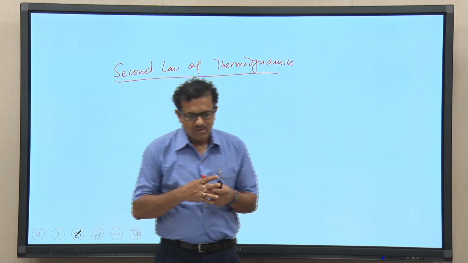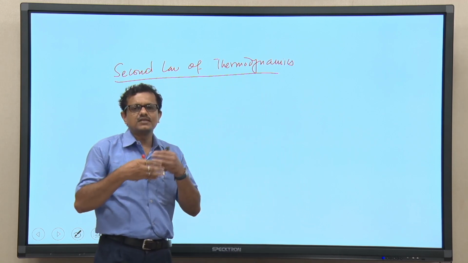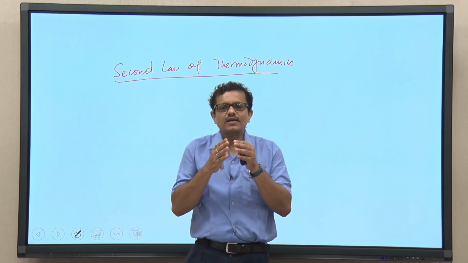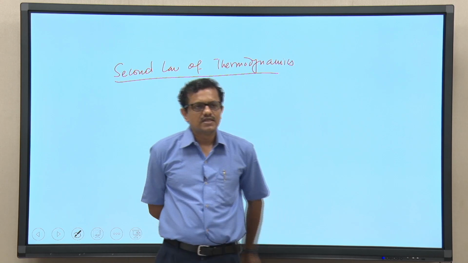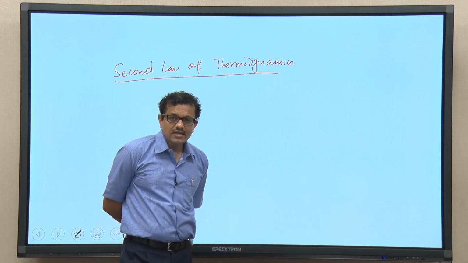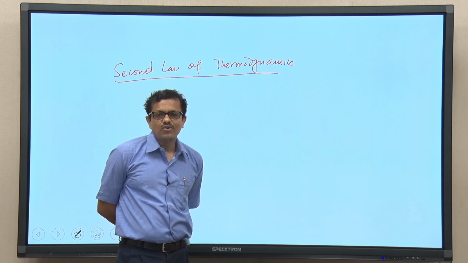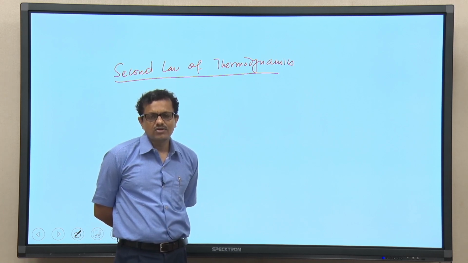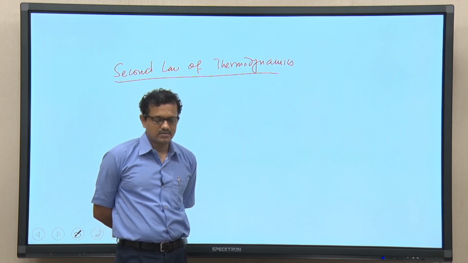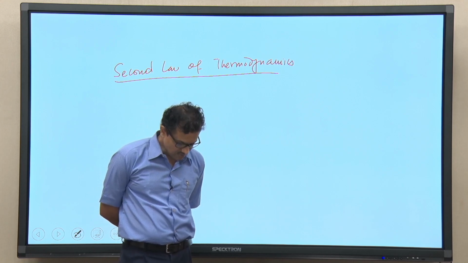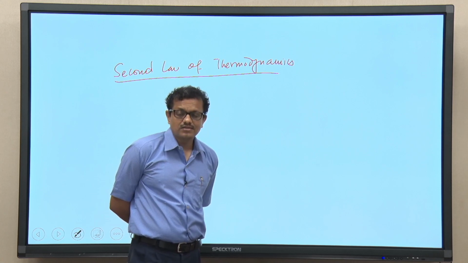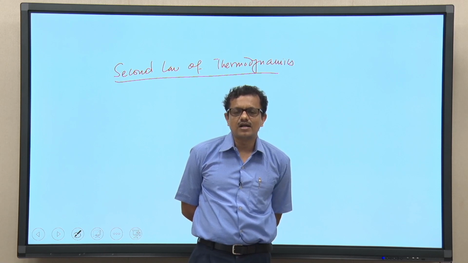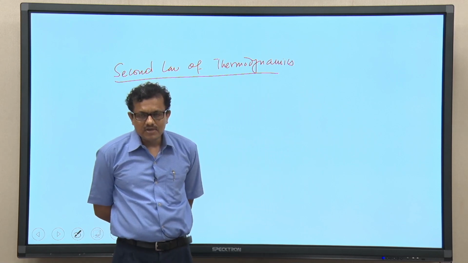If it is a heat engine or a heat pump, the fundamental difference between these two cyclic devices is that one is a work producing device, and the other one is a work absorbing device.